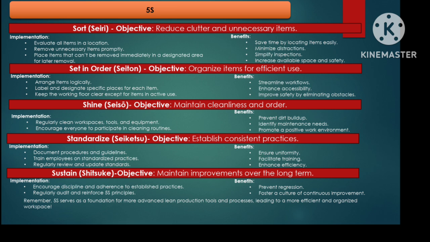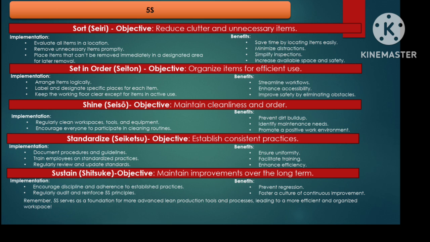Let's move on to the next one, set in order. Set in order helps organize items for efficient use. This helps streamline workflows, enhance accessibility, and improve safety by eliminating obstacles.